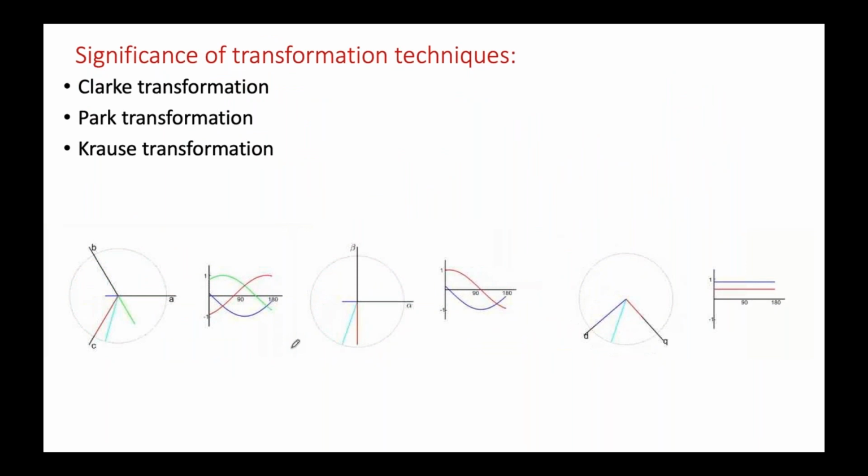By using this slide, we can understand the application of the transformation technique and where it is useful. Generally, this transformation technique is adopted in power quality issues in grid connected inverters and electric drives, right? While using this transformation technique, there are two concepts: one is magnitude invariant, another is power invariant.